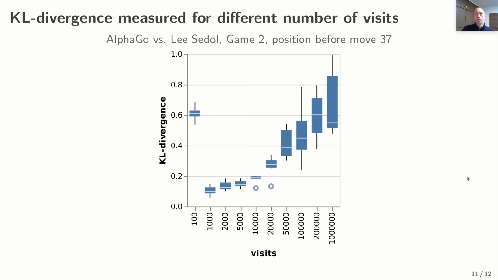Then with the information theoretic measure, the KL divergence, we looked at a single position. That's the famous position before the famous move 37 in the AlphaGo Lee Sedol match, and we tried to measure the disparity between the raw policy and the refined one after a certain number of visits, a certain number of steps in the search.